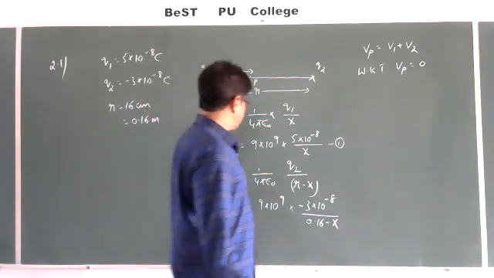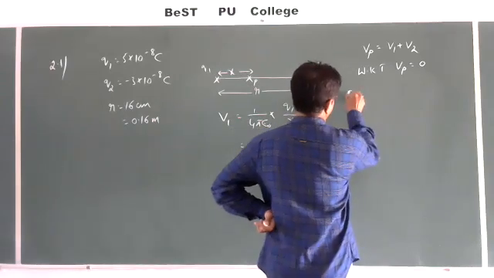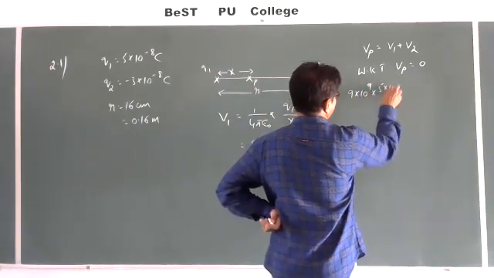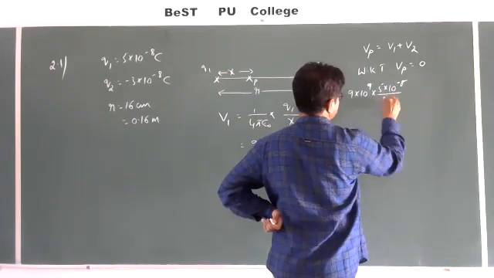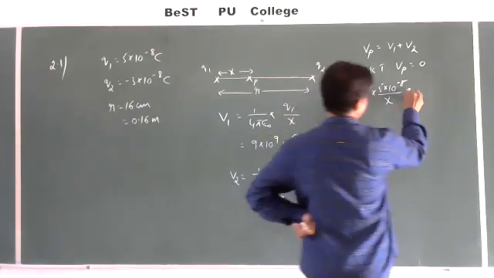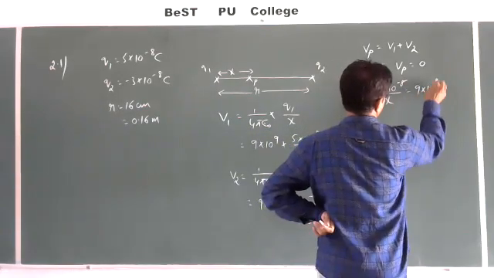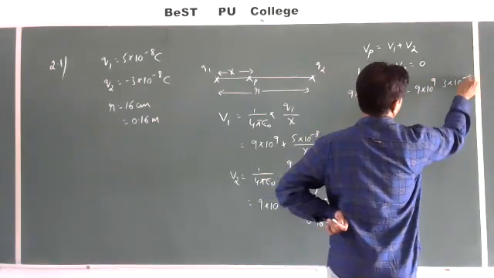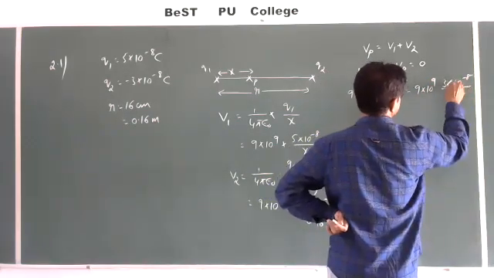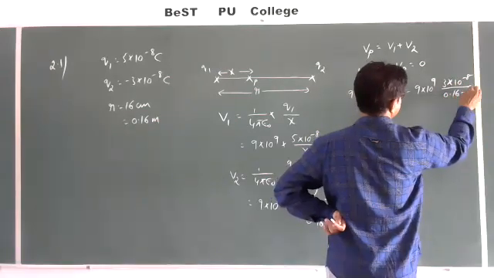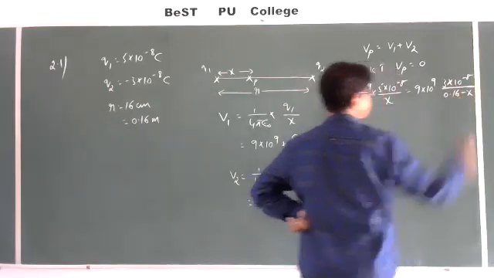If I make use of that, we are going to have 9 into 10 to the power of 9, 5 into 10 to the power of minus 8 by x is equal to 9 into 10 to the power of 9, 3 into 10 to the power of minus 8 divided by 0.16 minus x.